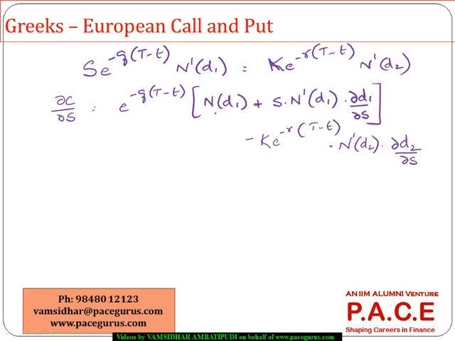Now this is where, K e power minus r T N dash d2, in this entire place I can substitute this.